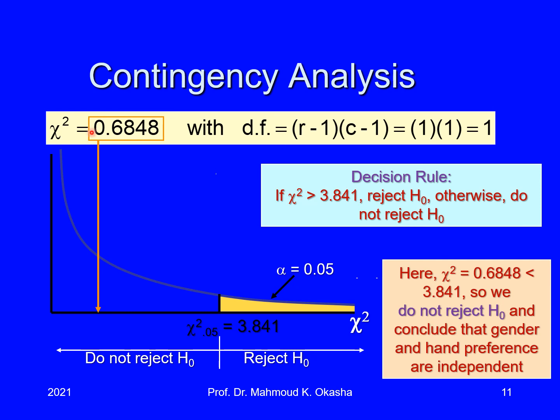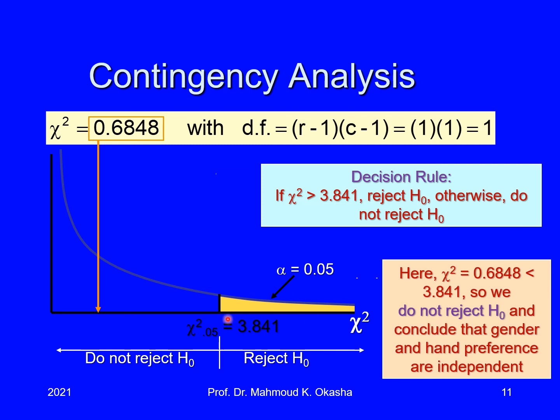Using this, we get the critical value from the table with a 5%, or 0.05, significance level and 1 degree of freedom: 3.841.